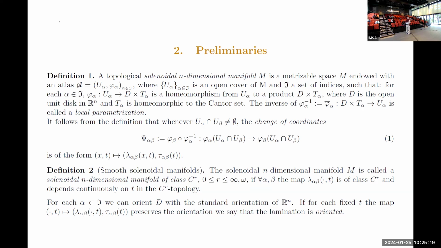These are like foliated charts, and therefore you can automatically ask that they be smooth, complex, holomorphic. So you can speak of all the notions like tangent bundle, and you can even speak of an orientation, and in this case also of a fundamental class, depending on the volume form.